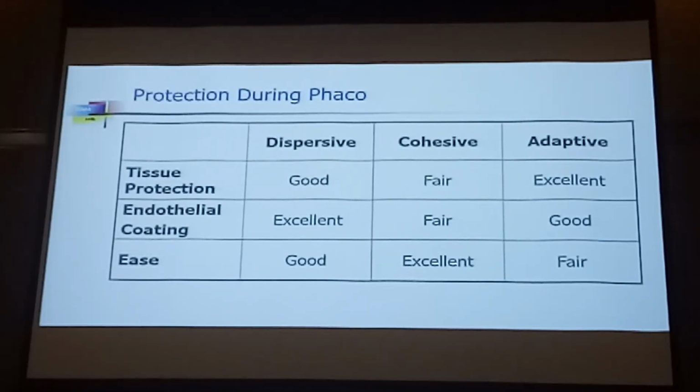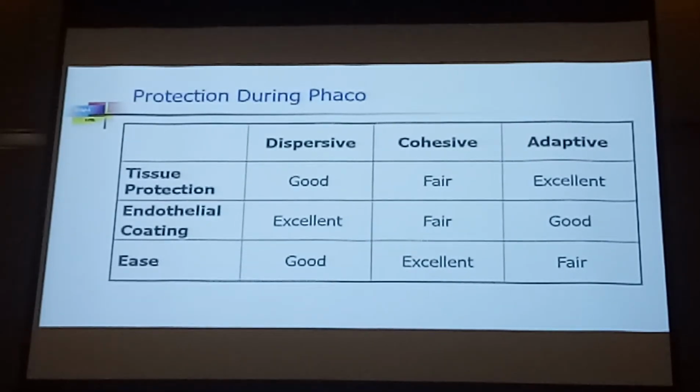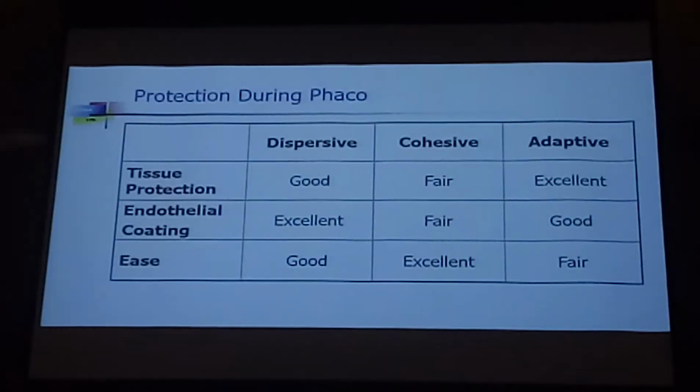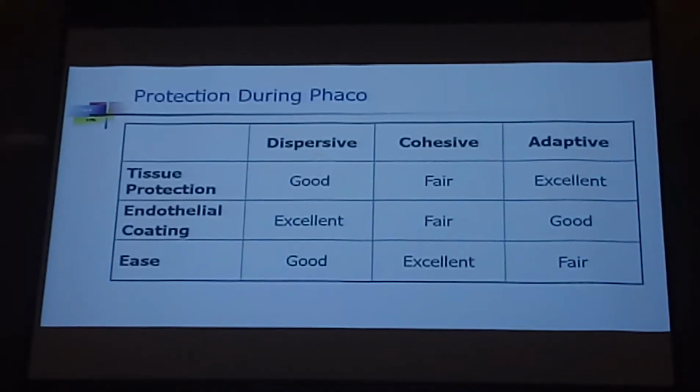By Phaco, most of the time, most viscoelastic has been removed. Certainly the cohesive type, so therefore tissue protection is not great. Alright? The dispersive tend to split into small pieces, and especially those with chondroitin sulfate will coat the endothelium well and protect the endothelium. But otherwise, underneath is usually been removed.